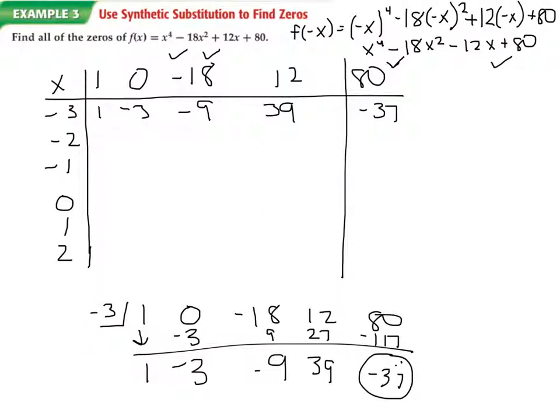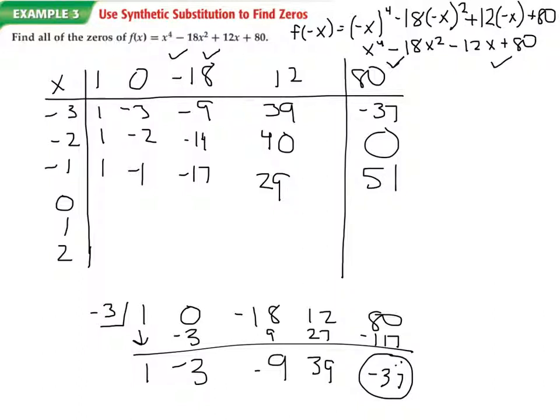When I'm doing negative 2, I'm going to have 1, negative 2, negative 14, 40, and 0. So right away I can see that this is one of the values I'm looking for. Let's fill out the rest of these just so you can see how it looks. For negative 1, we have 1, negative 1, negative 17, 29, and 51.